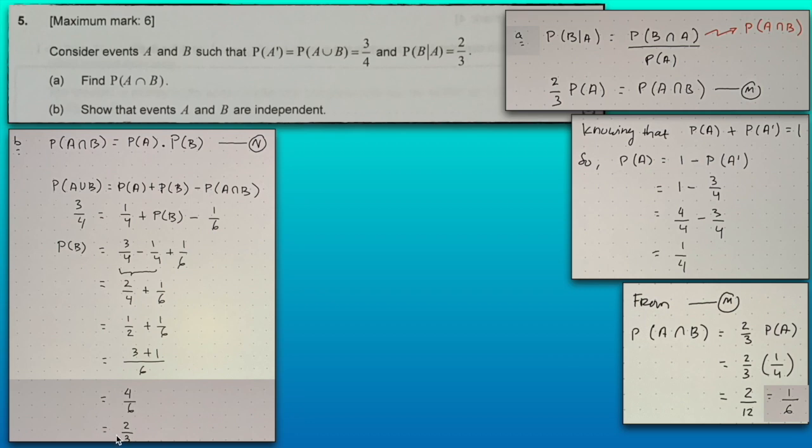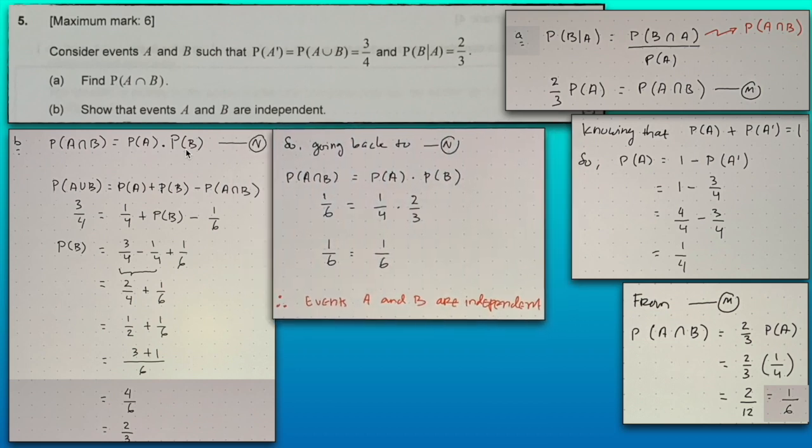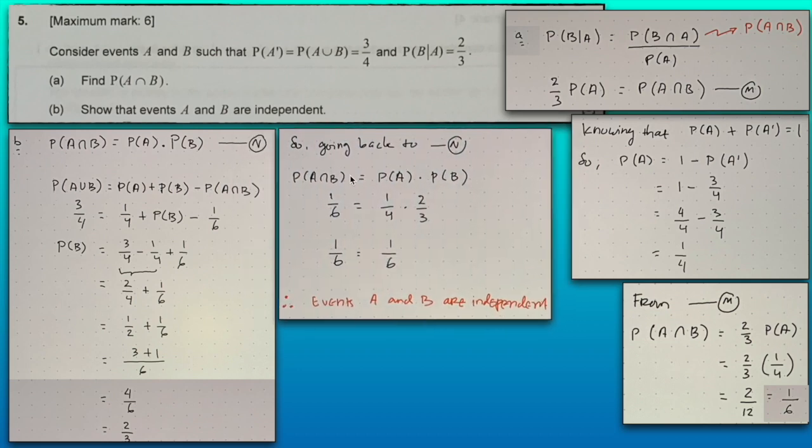So probability of B is equal to 2 over 3, and then we can substitute into equation N. Again, probability of A intersection B is equal to 1 over 6, which is equal to probability of A, 1 over 4, multiplied by probability of B, 2 over 3. So the left hand side is equal to the right hand side, therefore events A and B are independent.